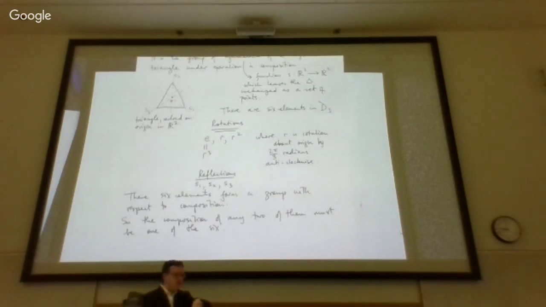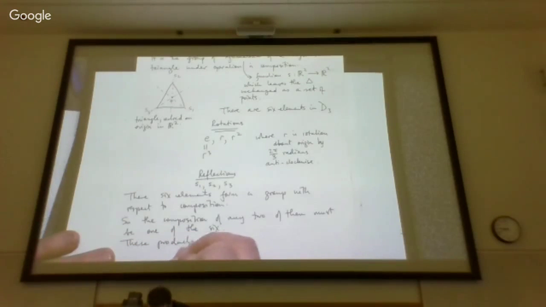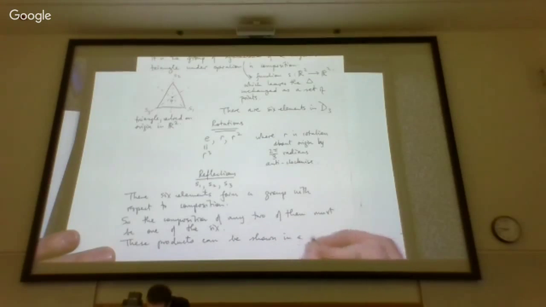So to get a complete understanding of this group, you need to be able to understand exactly how the operation works. These products, we'll finish on this, these products can be shown in what's called a Cayley table.